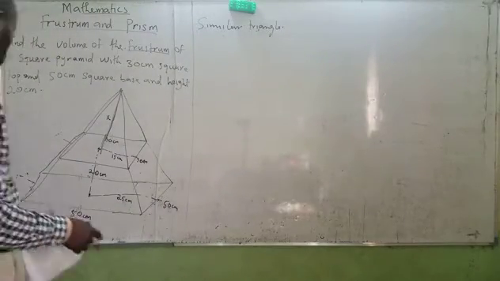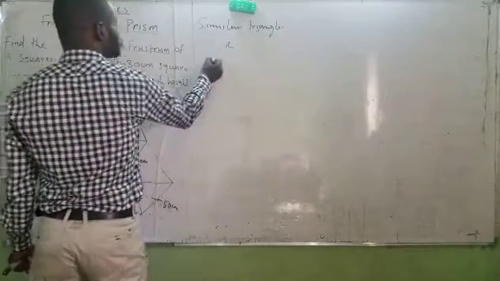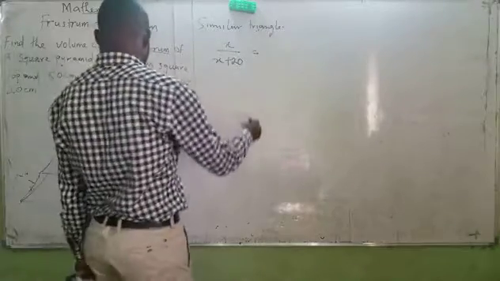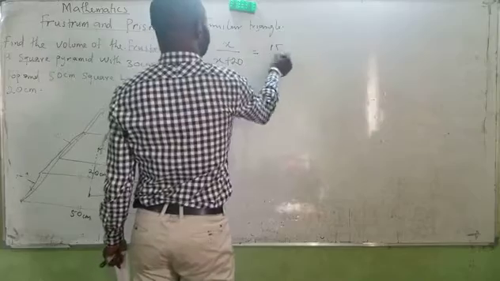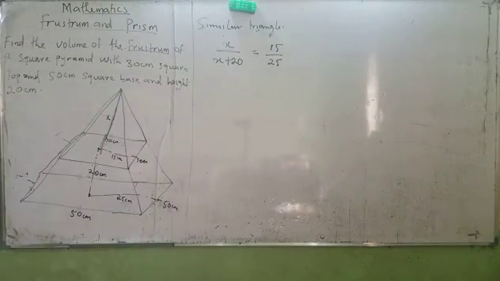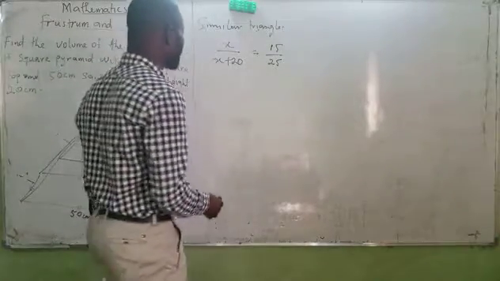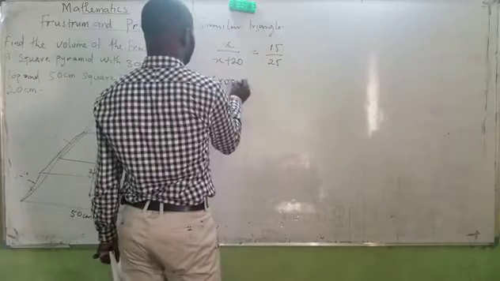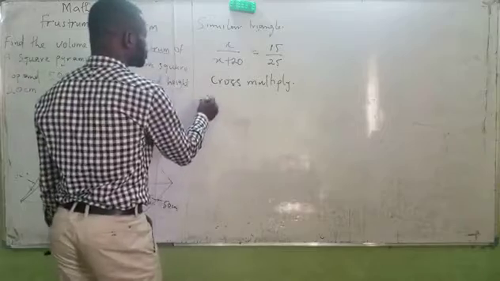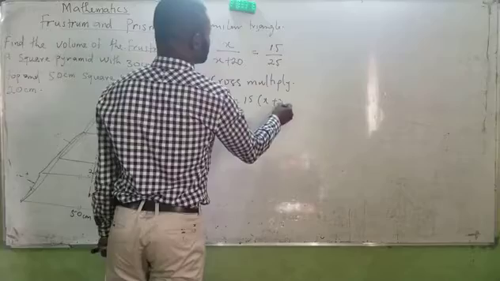In the similar triangle, we'll be talking about x divided by x plus 20 equals 15 divided by 25. When we cross multiply, it will be 25x equals 15 bracket of x plus 20.